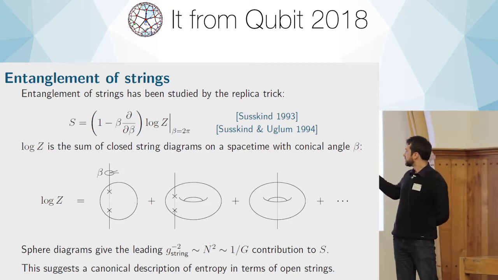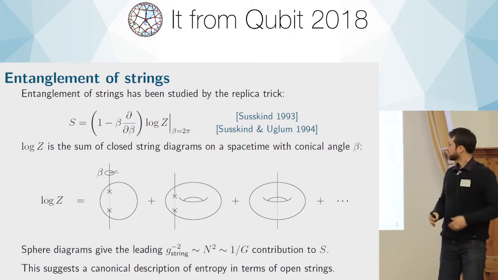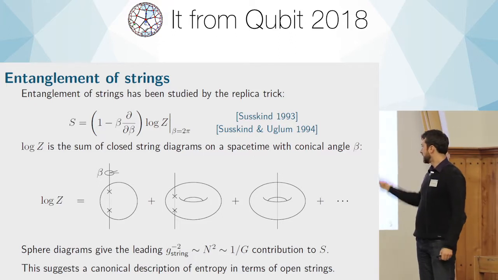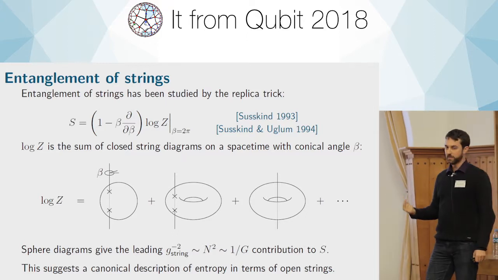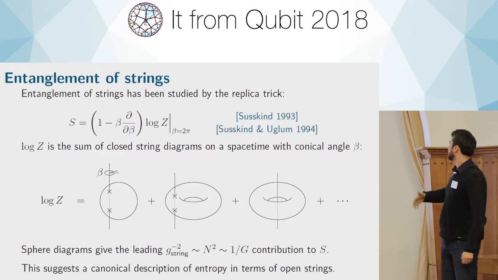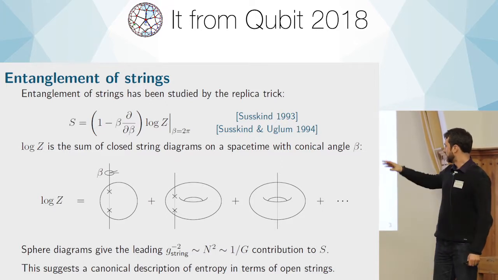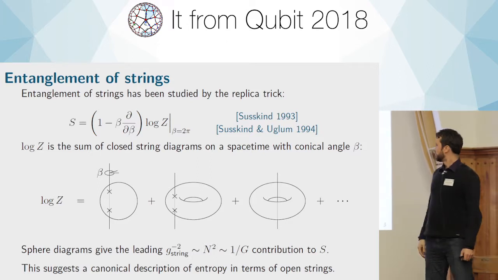So here's Euclidean space-time. You insert a conical singularity with angle beta going around. You look at the sum of all closed string diagrams, the connected ones, that's the log of the partition function.